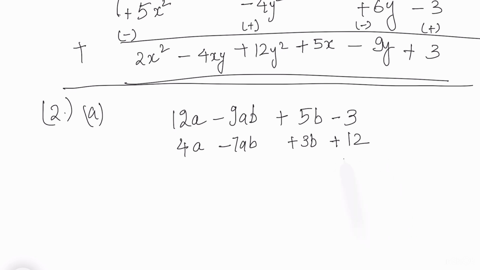Next, you're supposed to change the sign of the expression which is below. Nothing means plus. Okay, then you add it. You even don't need to put this addition symbol if you don't want to. Okay, but I'm putting it for your understanding.